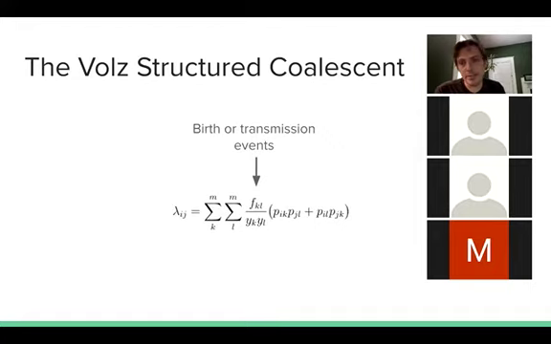It's the same for these structured coalescent models, except now transmission or birth events can occur not only within individual populations, but between populations as well. So one lineage could be in population K, and the other lineage could be in population L, and they could coalesce because there was a transmission event between population K and population L.